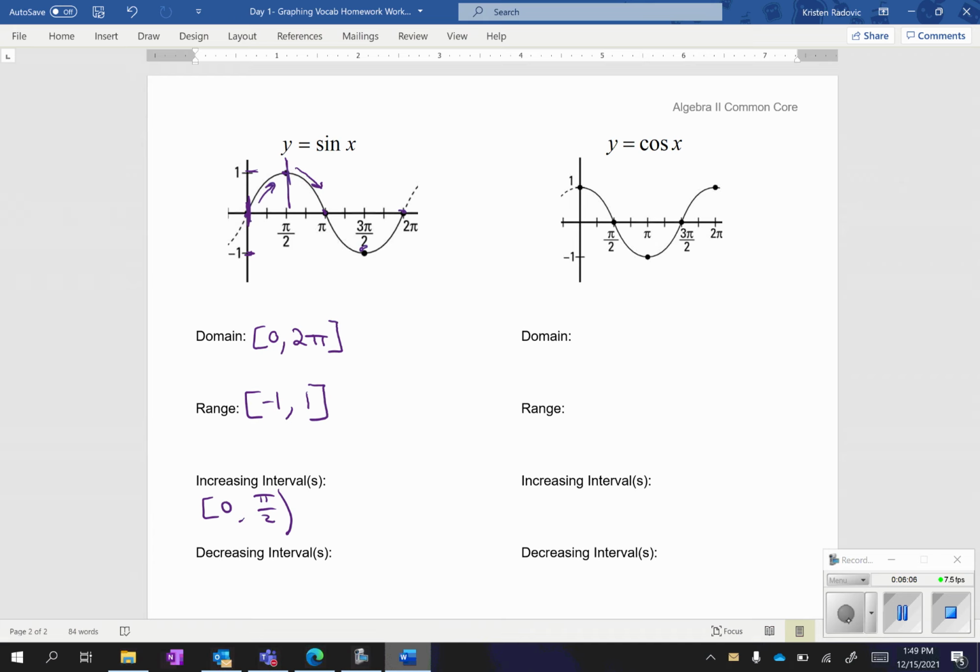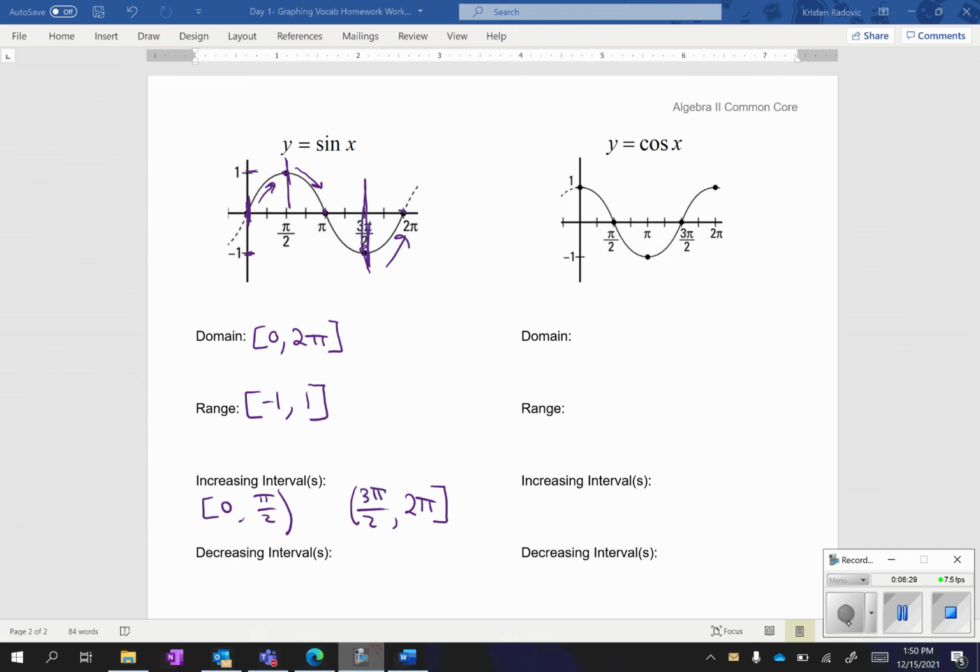Now there is another section on this graph where you are going upwards. That's going to be over here. And that coordinate starts from a minimum 3 pi over 2 to 2 pi. And again, you are going to use a round parentheses because at the minimum you are neither going up nor down.